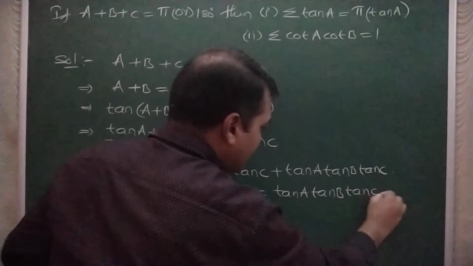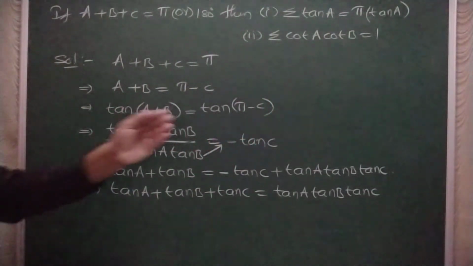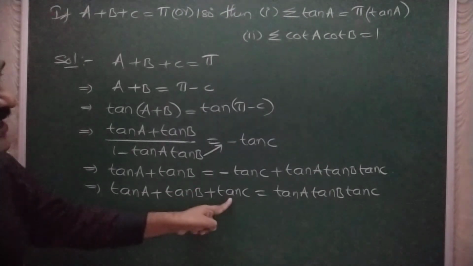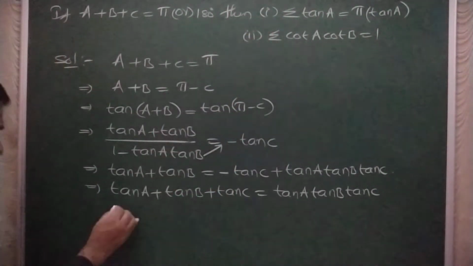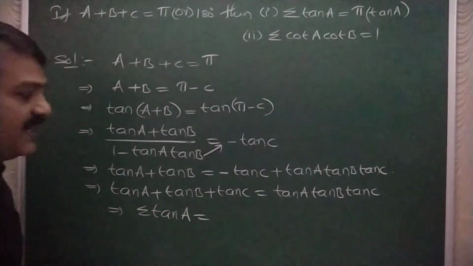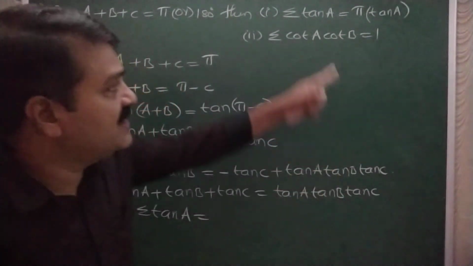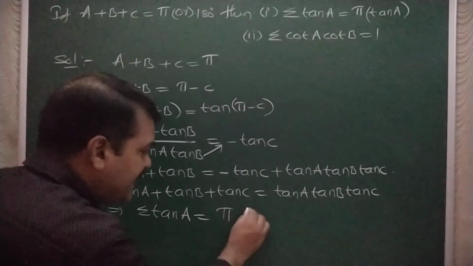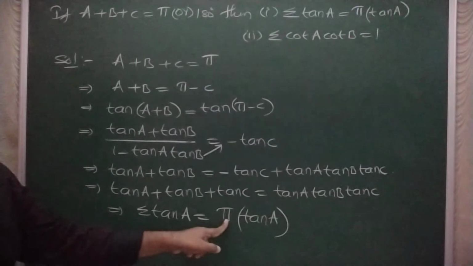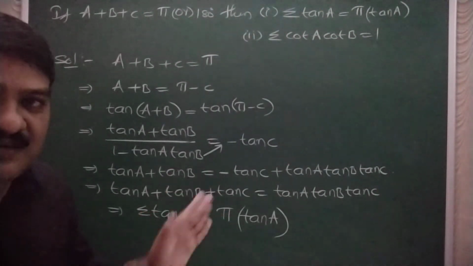And this is what we have to prove actually in this first bit. Tan A plus tan B plus tan C, that is sigma tan A. And tan A into tan B into tan C can be written as pi tan A, and pi stands for product. It is not the irrational number pi.